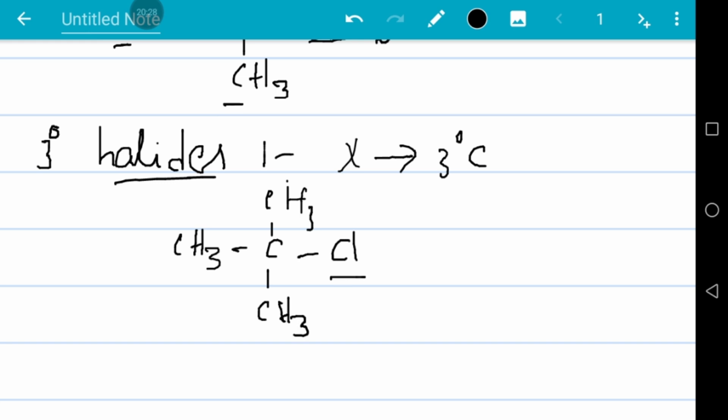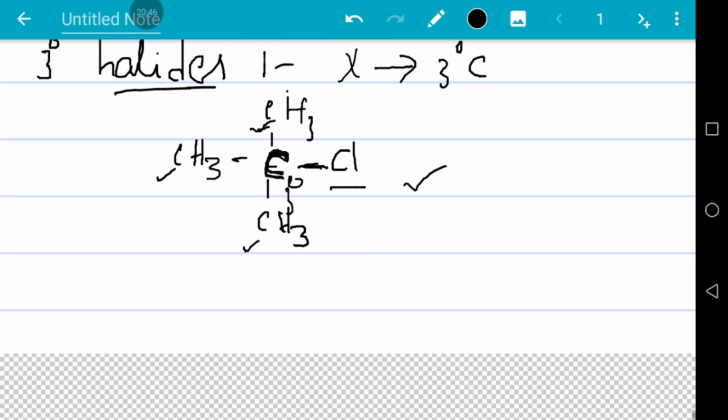Now halogen is attached to this carbon. So check this carbon. Around this carbon, how many carbons are there? 1, 2, 3. So three other carbons are there. So that's why this carbon is a tertiary carbon. So halogen is attached to a tertiary carbon, so that's why it is a tertiary halide. Like that you have to check.